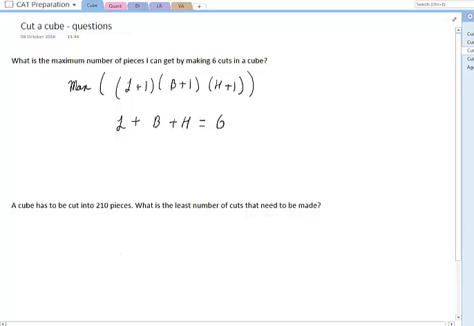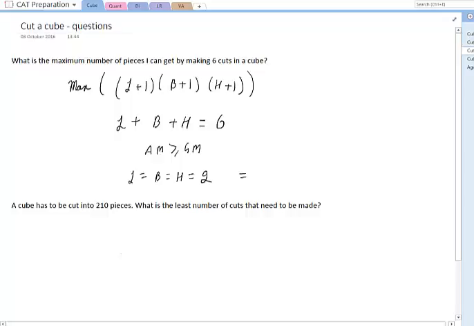Now, if you have done your maxima and minima properly, this should jump out to you straight away. This is a case of finding the maxima of a function by using AM greater than GM. You have been given the arithmetic mean of L, B, and H as constant, which is equal to 2. You need to maximize the geometric mean of the function, and if you remember that, it will happen when L is equal to B equal to H, which will be 2 in this case.